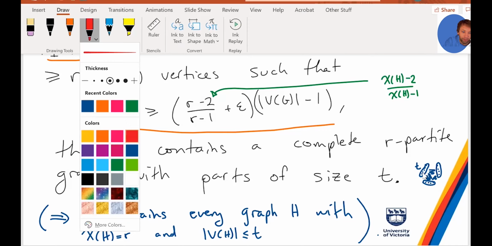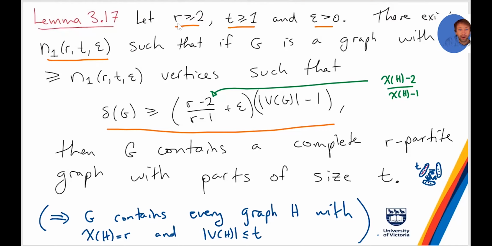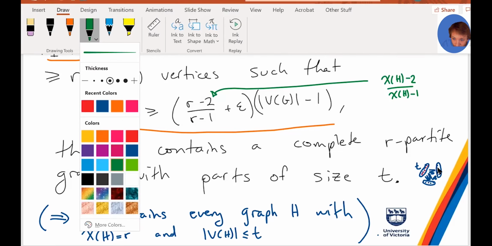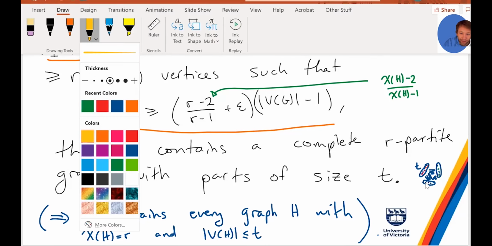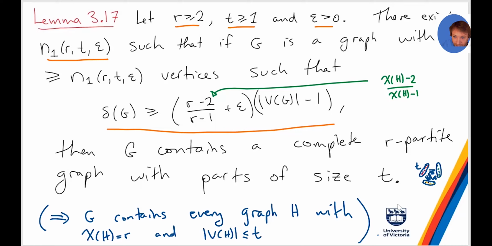I look at a coloring with 3 colors, I look at the red vertices, and I've got enough space to put all the red vertices of H here. I look at the green vertices, I've got enough space to put them here. And let's say I've got yellow vertices, I've got enough space to put them here. Does that make sense?